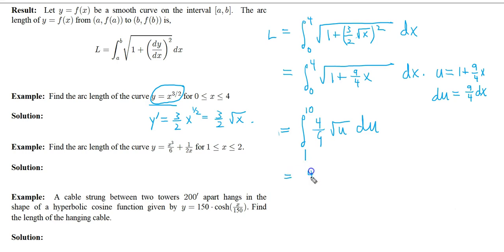And then this equals, now the antiderivative of u to the 1/2 is 2/3 u to the 3/2. And you see we're still getting that 8/27 out in front here being multiplied as a constant. And then we evaluate this from 1 to 10, and you see we get the exact same answer, which is the exact same answer we had before by using that shortcut method for finding the antiderivative of the square root of 1 plus 9/4 x.